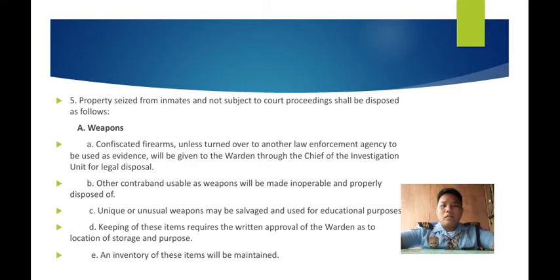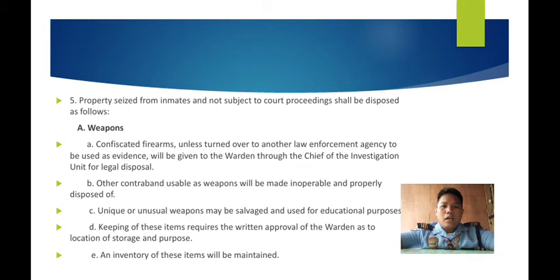Five, property seized from inmates and not subject to court proceedings shall be disposed of as follows. We have here weapons. A. Confiscated firearms, unless turned over to another law enforcement agency to be used as evidence, will be given to the warden through the chief of the investigation unit for legal disposal.